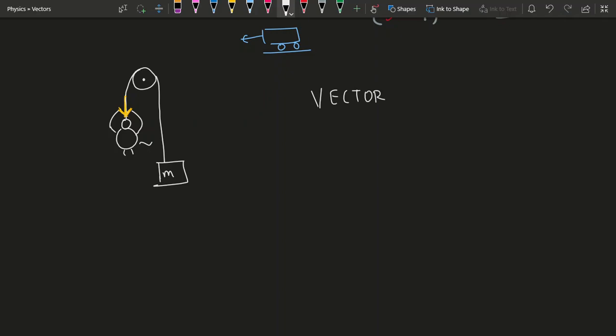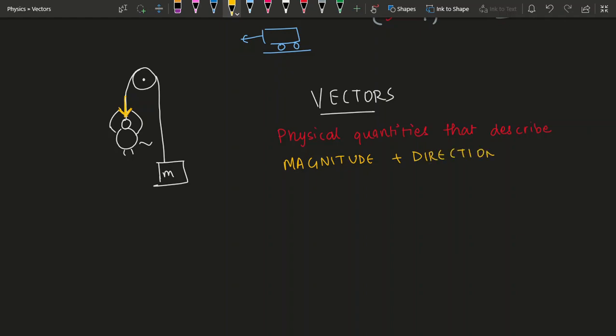So vectors you can say are physical quantities that describe both magnitude, and by magnitude I mean things like 5 meters per second or 3 newtons of force or 5 pascals of pressure. Magnitude is just the measurement in general, and not only magnitude, vectors also describe the direction of that physical quantity.